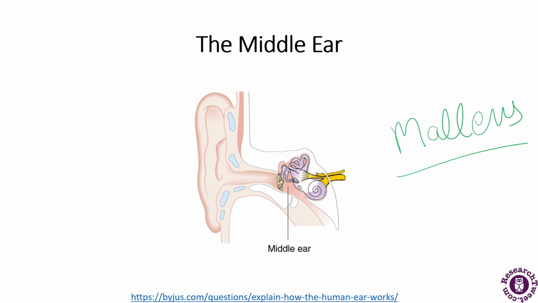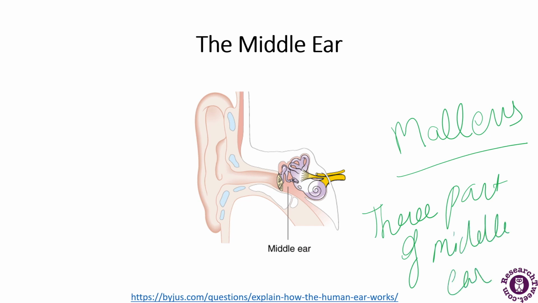They are the three bones that are part of the middle ear. The oval window, the round window, and the Eustachian tube are also parts of the middle ear.